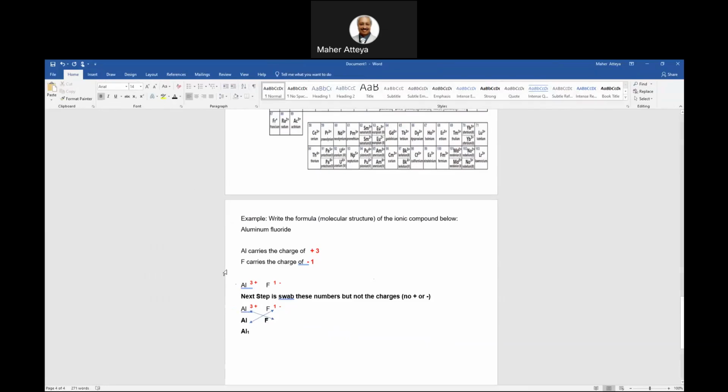And take the subscript out, and then F, and then put the 3 here as a subscript. So here it is, guys.